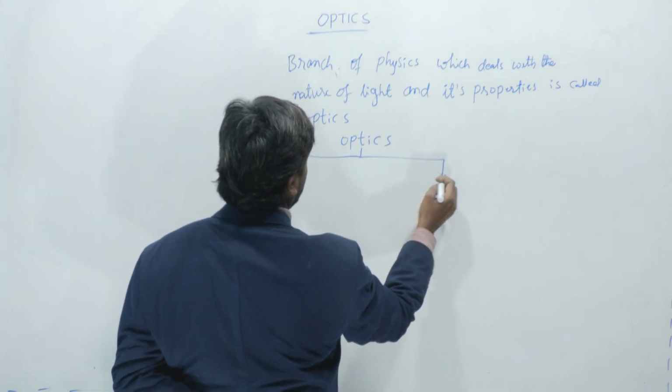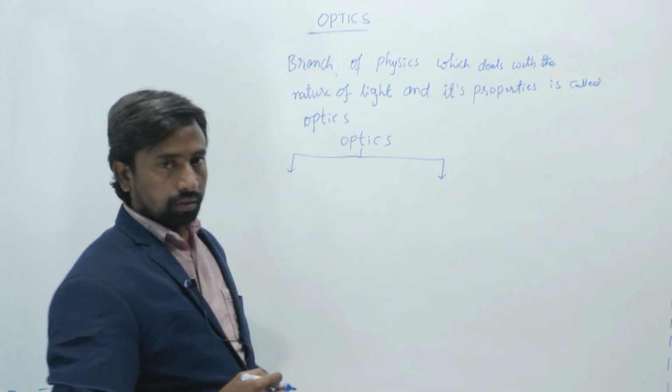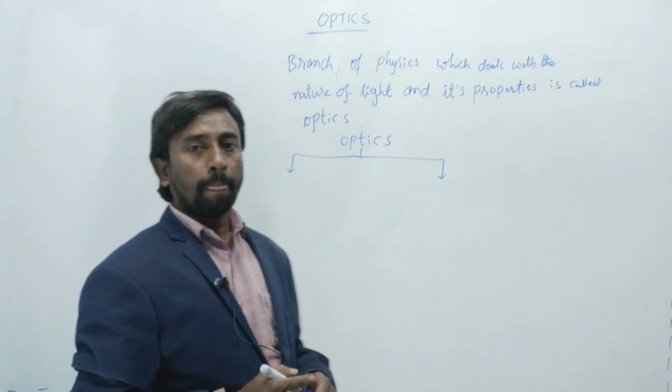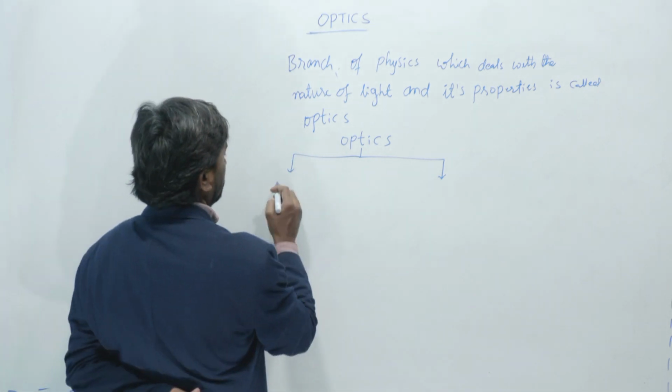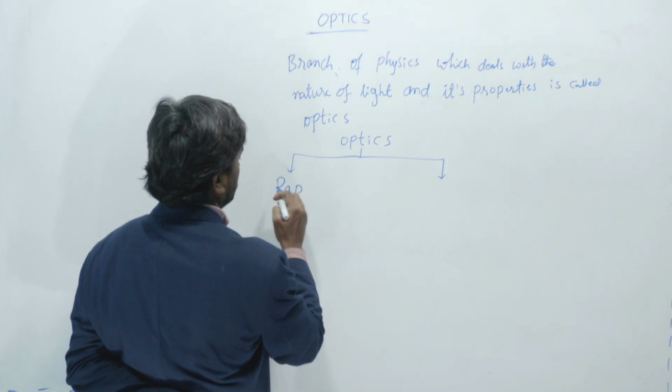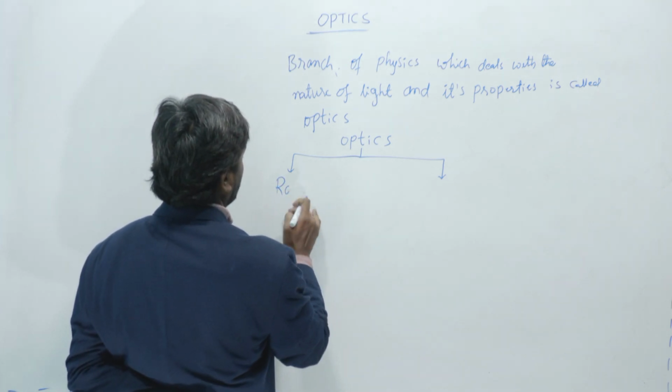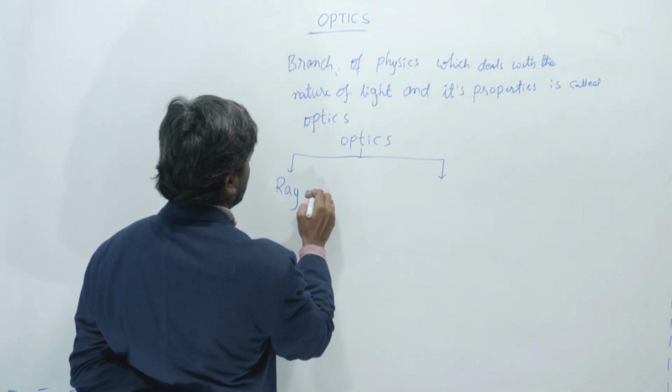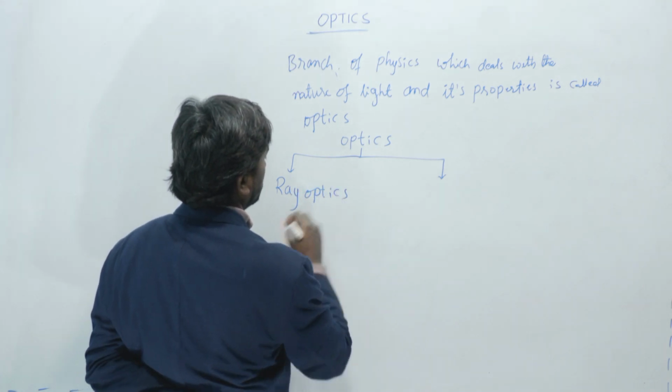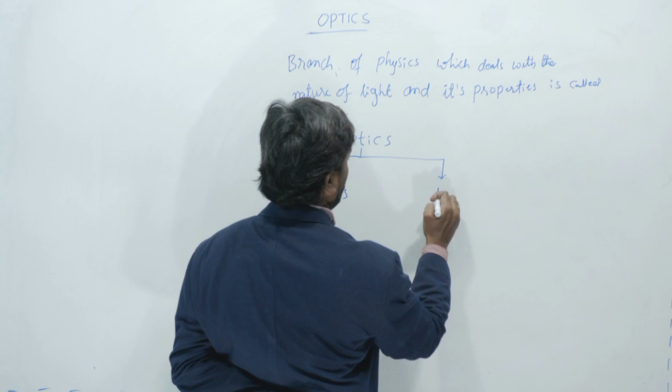See, optics is classified into two types. They are ray optics and physical optics. Ray optics and the second one is physical optics.